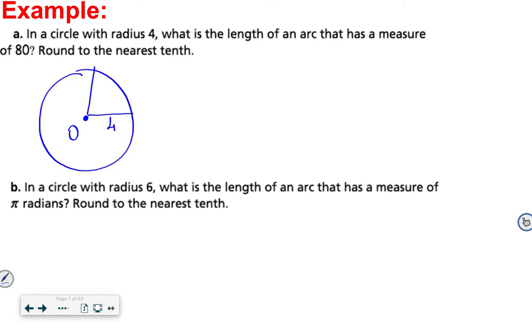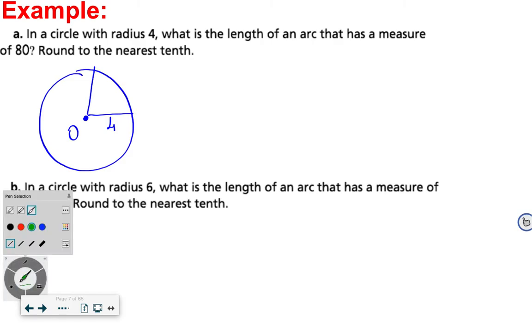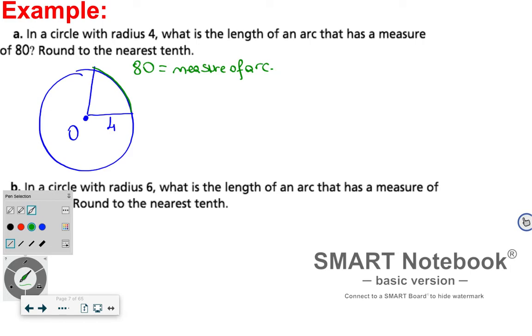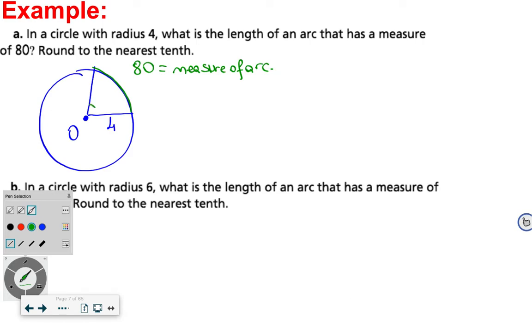This is an arc and the measure is 80. I have a question. If the measure of the arc is 80, what is the measure of the central angle? It is 80 as well.